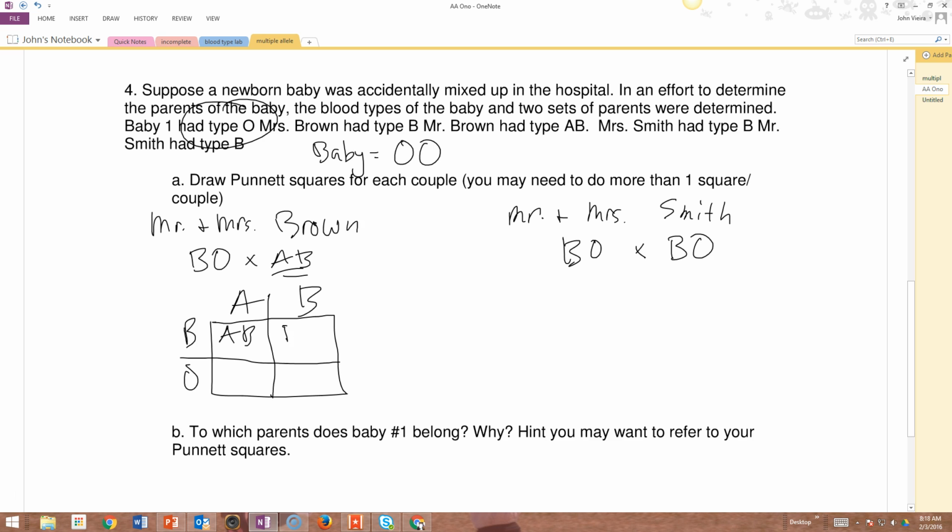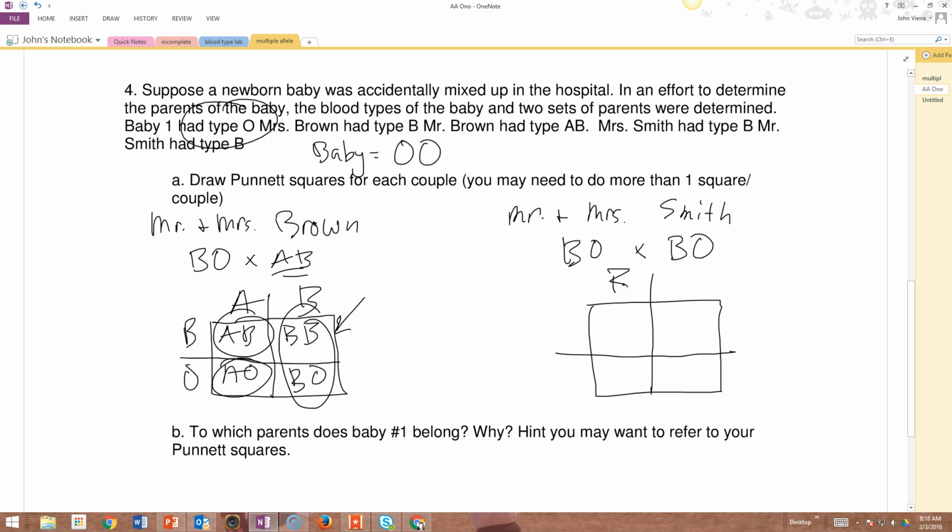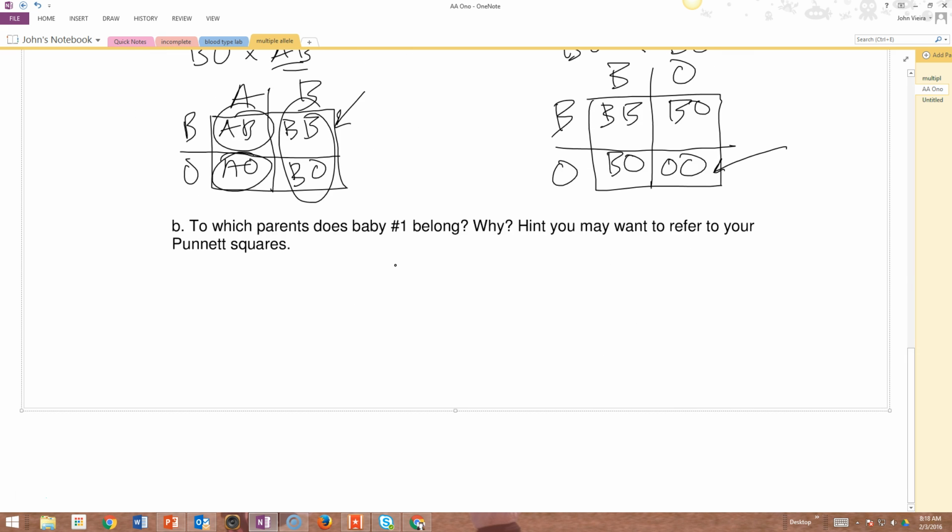He can't produce a child that is O. These are both type A, that's type AB, that's type A. I'm sorry, this is both type B. Now, Mr. and Mrs. Smith, since they're both type B, you can definitely have it right here where the baby is type O. That will produce a baby who's type O, type B, and type B here. To which do the baby belong? The Smiths. Bam.